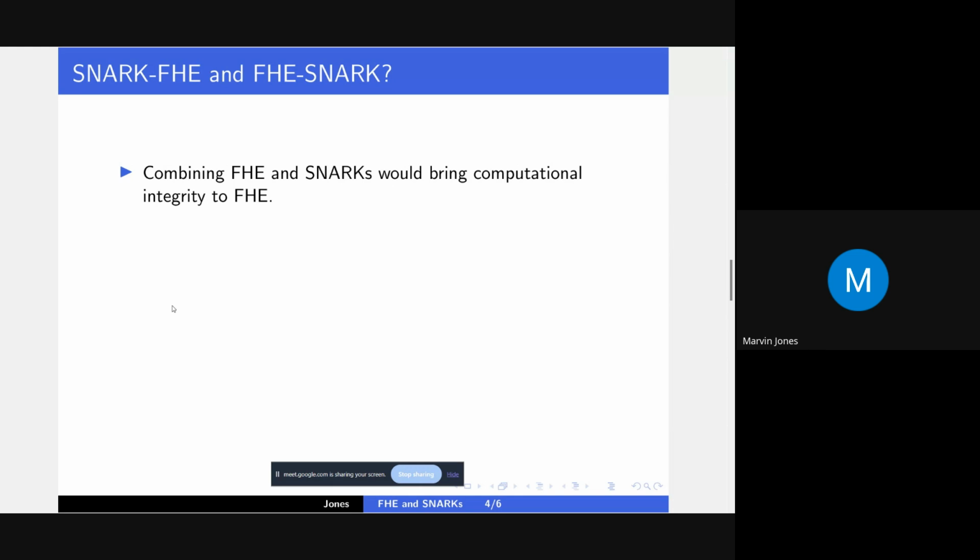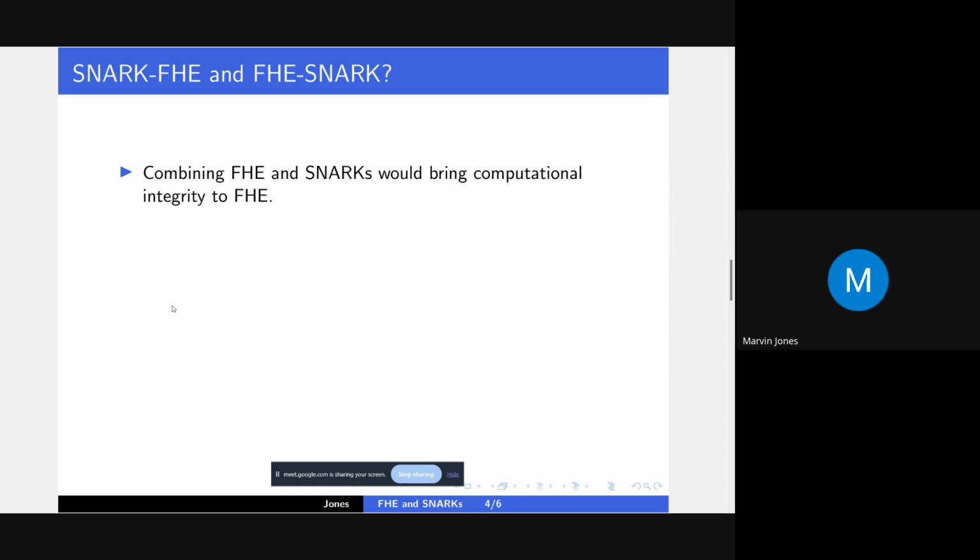Because we want to guarantee that the function that the server's applying to my encrypted data is in fact correct.